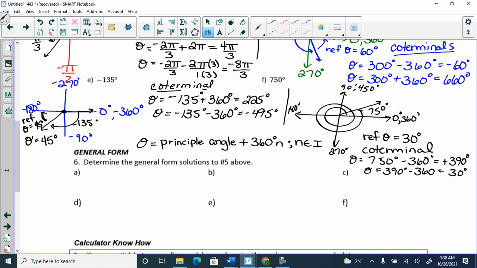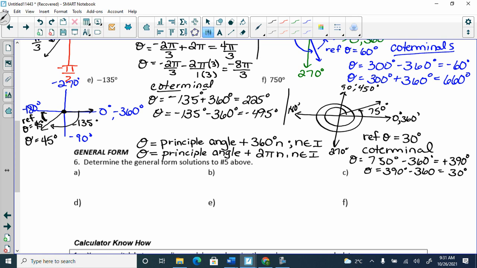Now, if your original was in radians, the only thing that would change is what? Yeah, it'd be plus 2 pi n, n an element of the integers. So the hardest part is literally just finding the principal angle. So in A, what's my principal angle? 60.